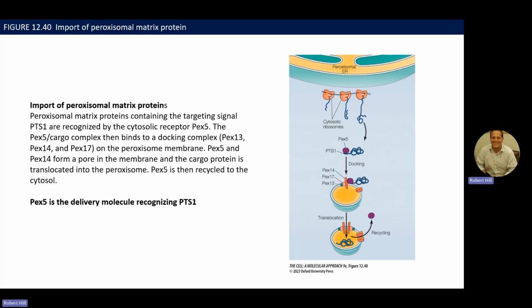PEX5 is a protein that shuttles it, moving through the cell through diffusion, and it will pick up these proteins and deliver them to the peroxisome through diffusion. And it will dock there at these other proteins, and then it will allow the translocation of it into the peroxisome.